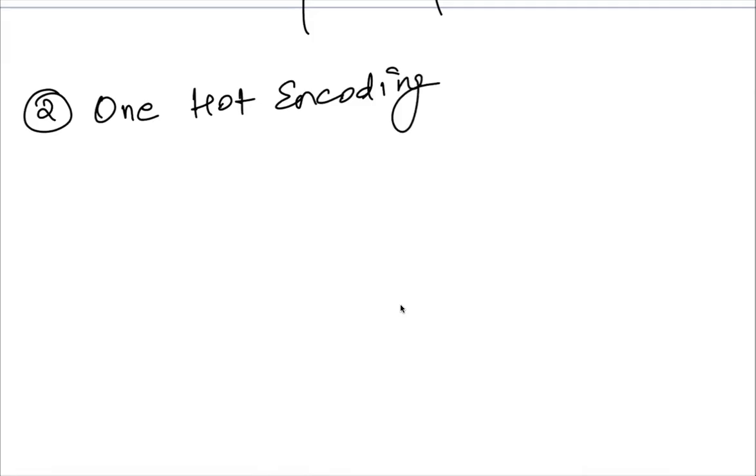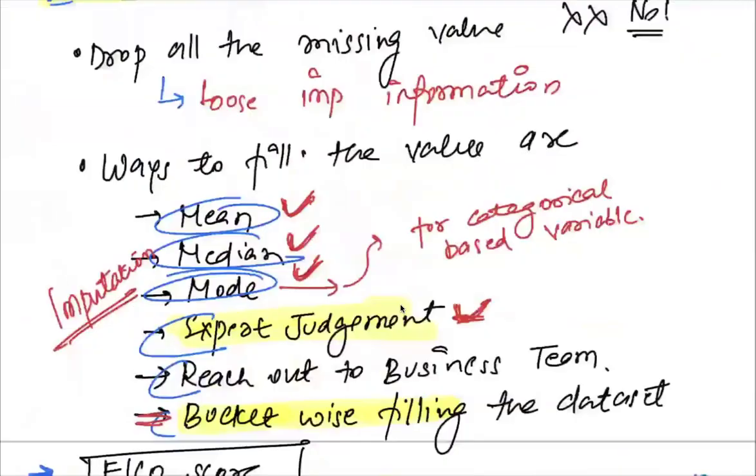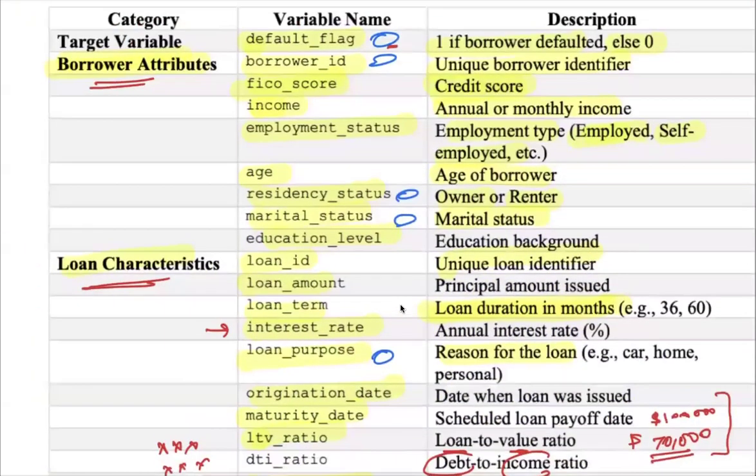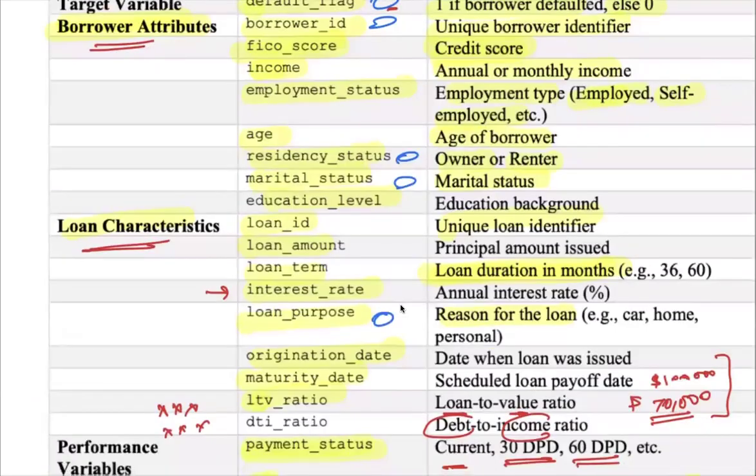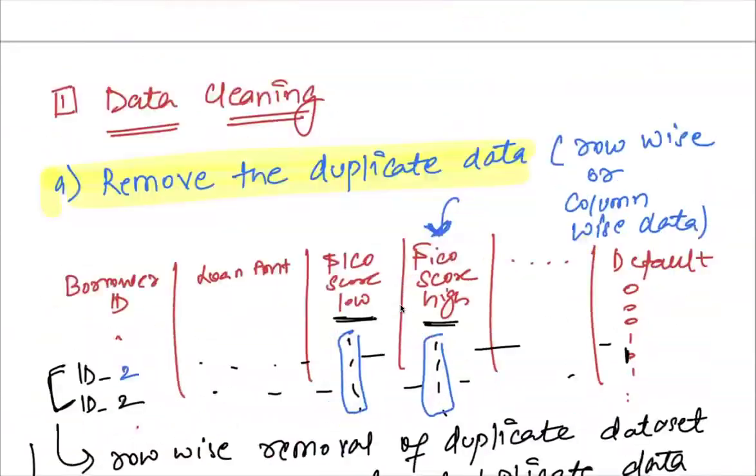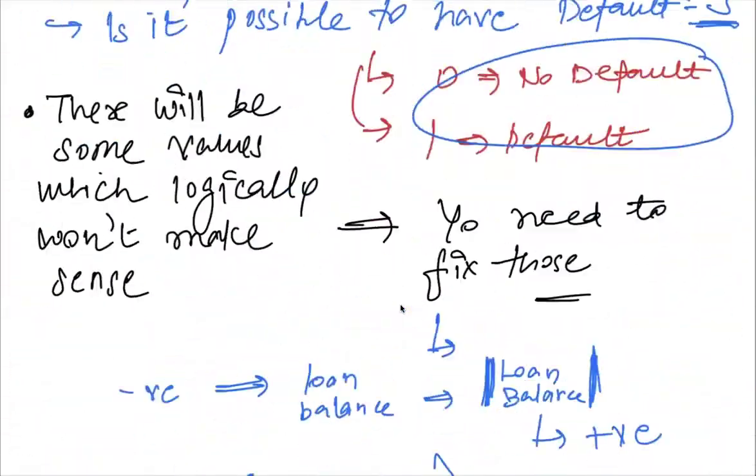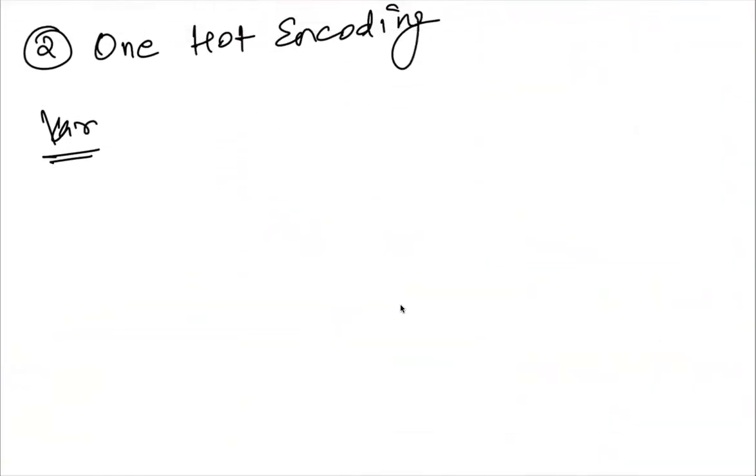What one hot encoding is, let me take a perfect example. Let's say we have a variable called education level.